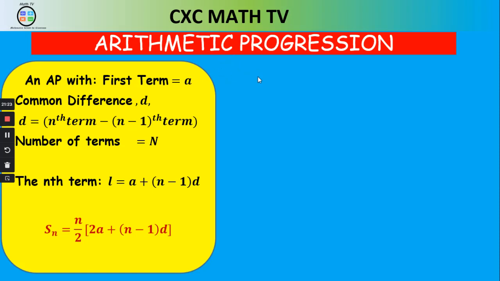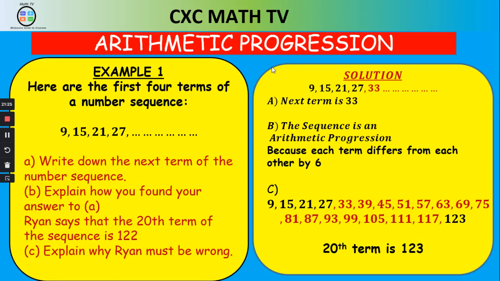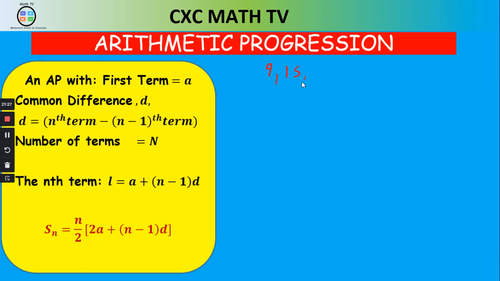So using arithmetic progression, remember it is 9, 15, 21, 27 given. They wanted the fifth term. First thing with arithmetic progression, we said the common difference D is the nth term minus the previous term. So D is equal to, this is part A, D is 15 minus 9, which is 6. Since D is 6, then we can proceed to say the fifth term.